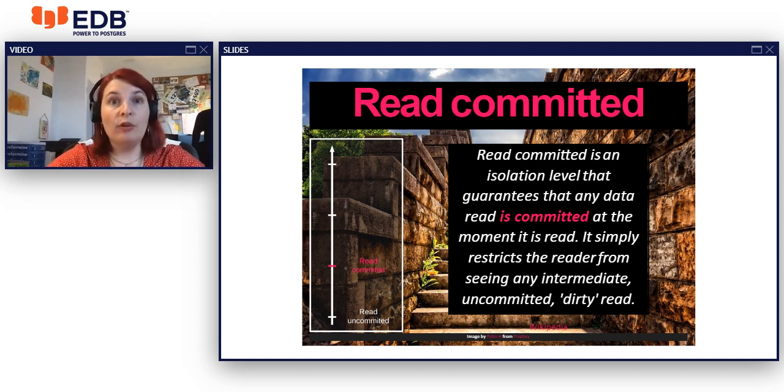It means that if you have transaction 1 changing data, then committing these changes, transaction 2 can see these changes, even though transaction 2 began before transaction 1. But as transaction 1 is completed and committed, it makes sense to read this data. It simply restricts the reader from seeing any intermediate uncommitted changes. Dirty read is the name of those changed data not yet committed.